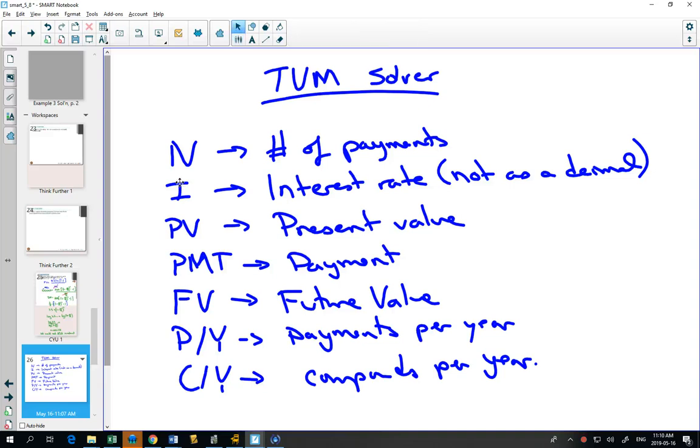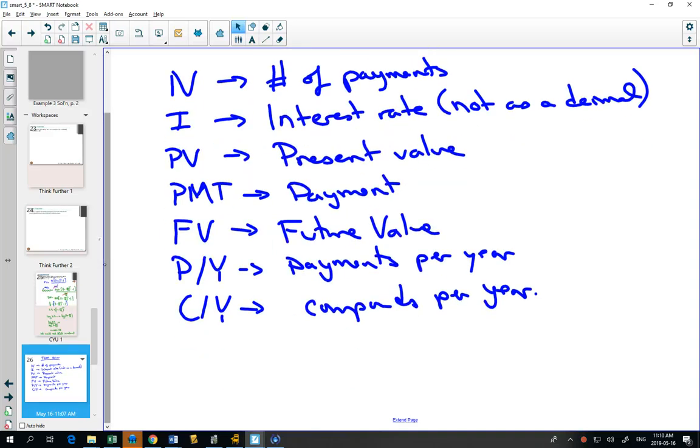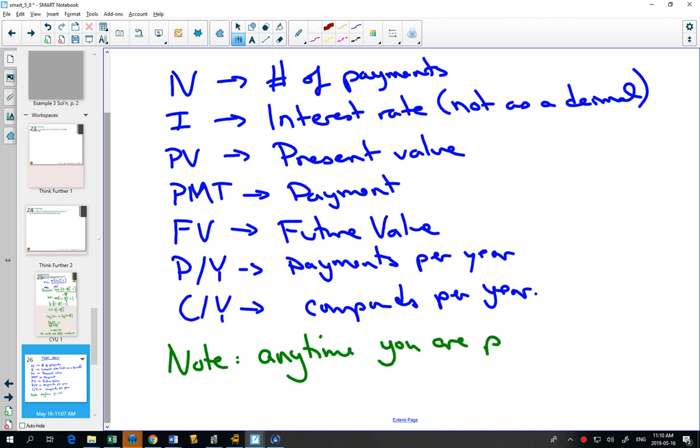And because this program can be used to figure out if you're having a loan or if you're getting money, it needs to differentiate when you're getting money and when you're putting money away. Okay? So, as a special note, anytime you are putting money away, that means you're either taking it out of your pocket and putting it into the bank, or taking it out of your pocket and paying the bank.